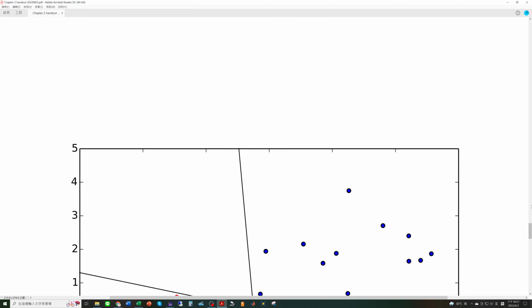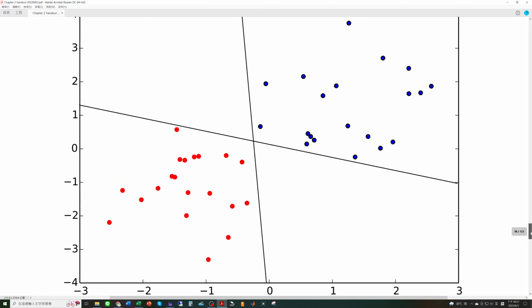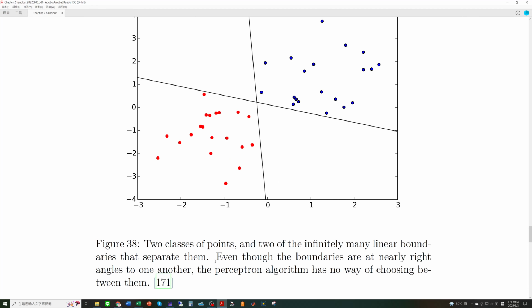Next page. In this page, here is a figure. Let us see this figure. Figure 38: two classes of points. You can see that there are some blue points and red points here, and some blue points here, and two of the infinitely many linear boundaries that separate them.